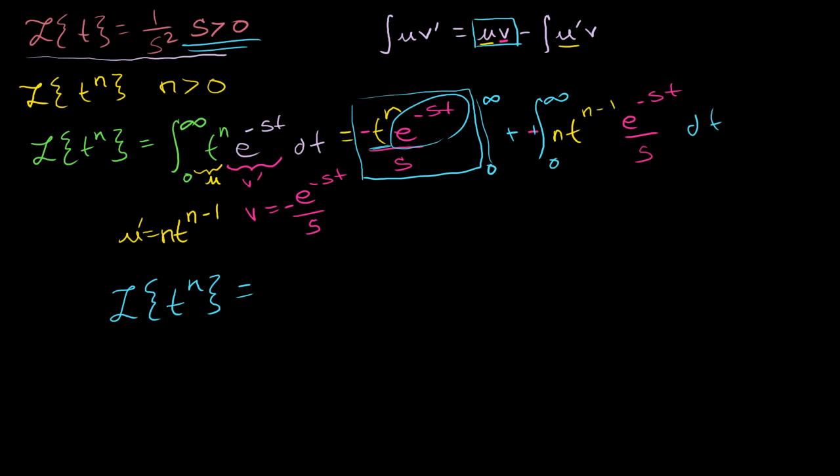So when you evaluate this at infinity, you're going to get 0. And then you're going to subtract this evaluated at 0. When evaluated at 0 it is just minus 0 to the n times e to the minus s times 0 over s. Well, this becomes 0 as well. So this whole term evaluated from 0 to infinity is all 0, which is a nice, convenient thing for us.